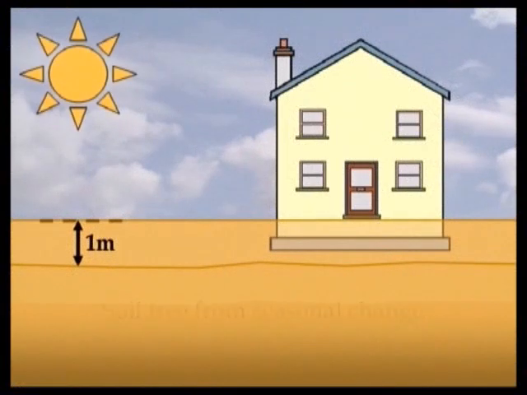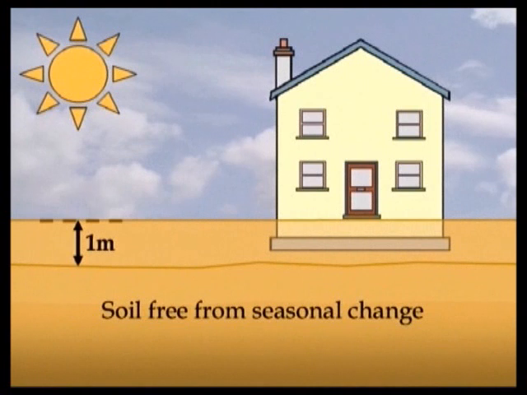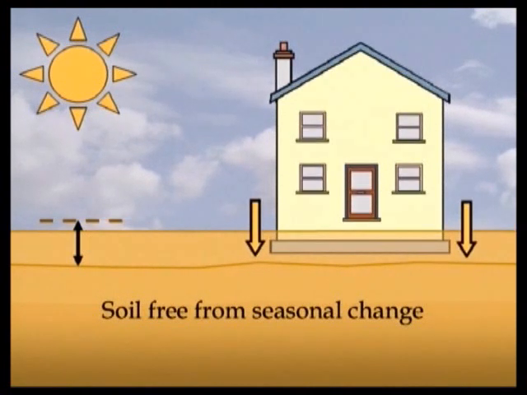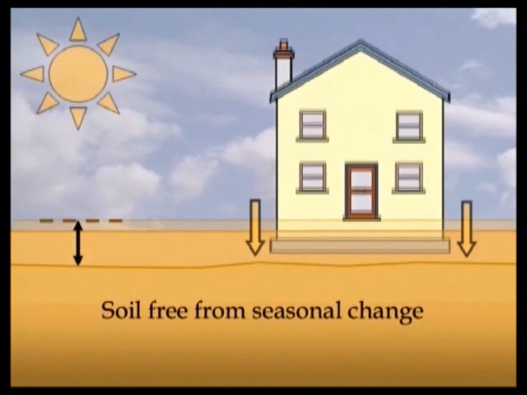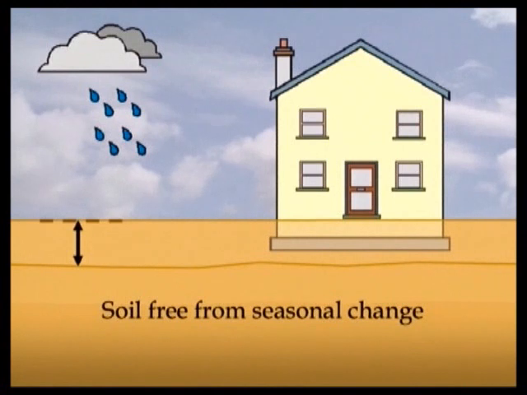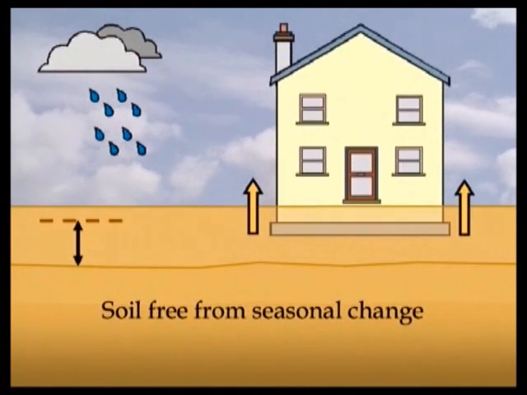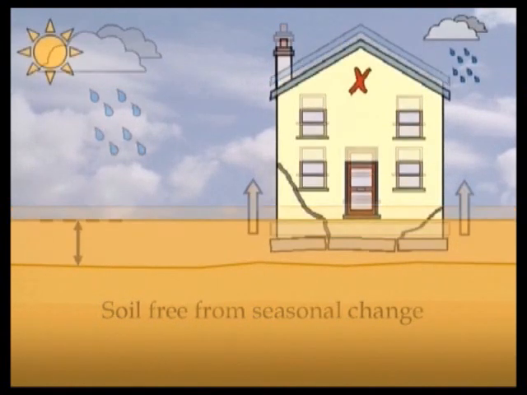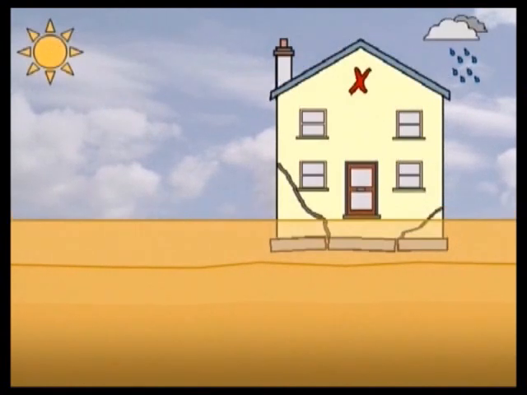In long, hot periods, the ground will dry and shrink. In long, wet periods, the ground will absorb moisture and expand. This expansion and contraction is rarely even, and differential movement will inevitably cause cracking.